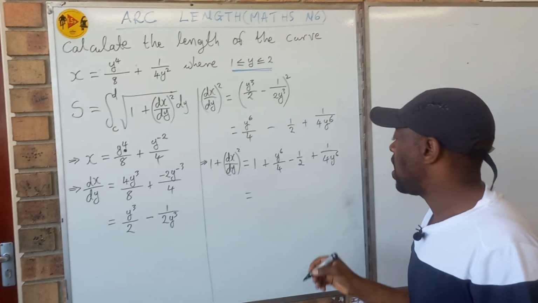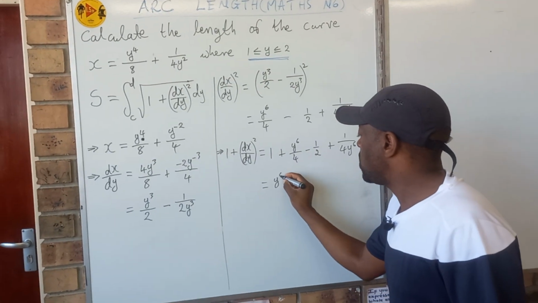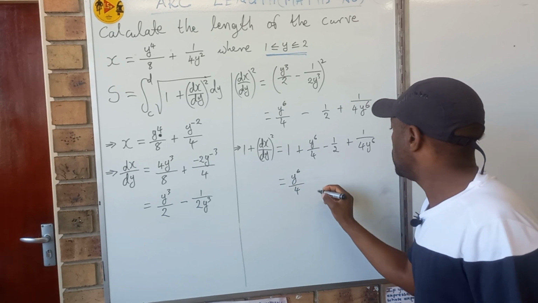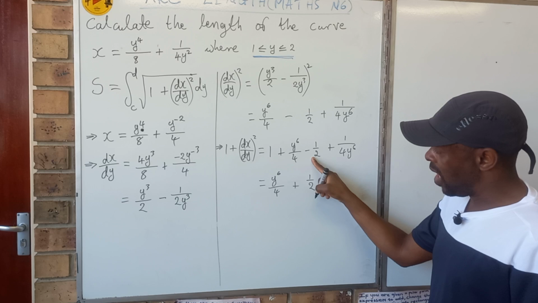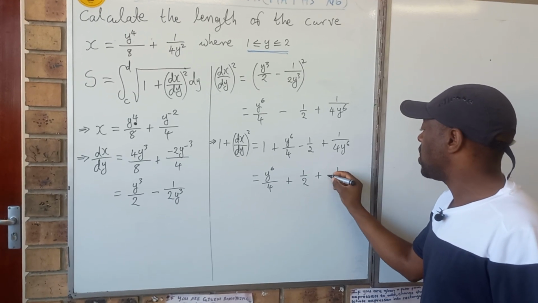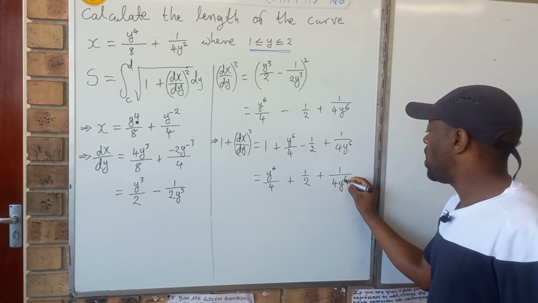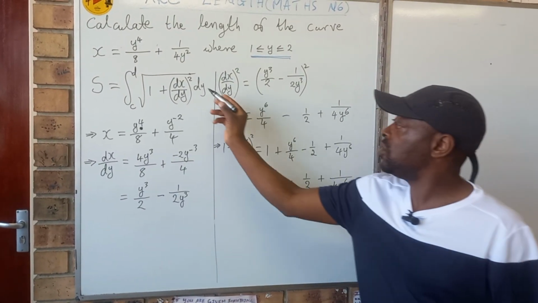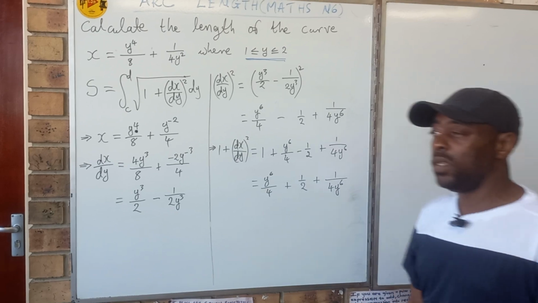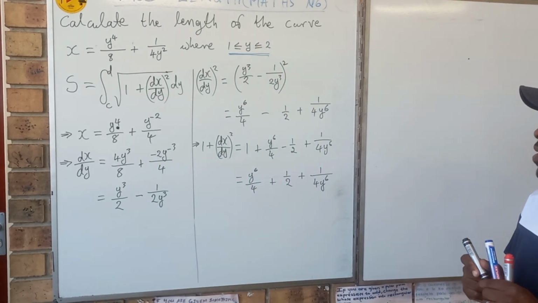You get 1 minus a half, that becomes y to the power 6 on 4 plus a half. 1 minus a half is a half, then plus 1 on 4y to the power 6. So that is how you have managed to simplify what is under the square root.